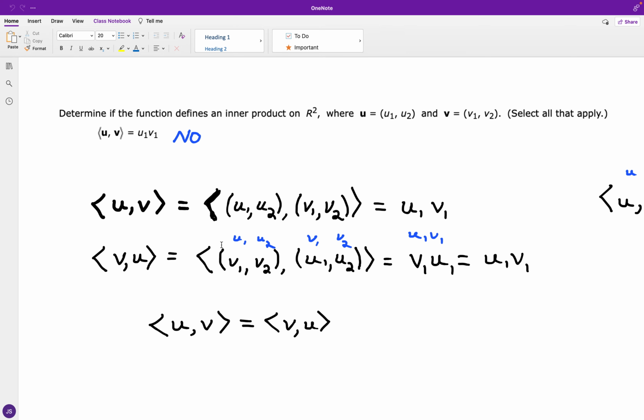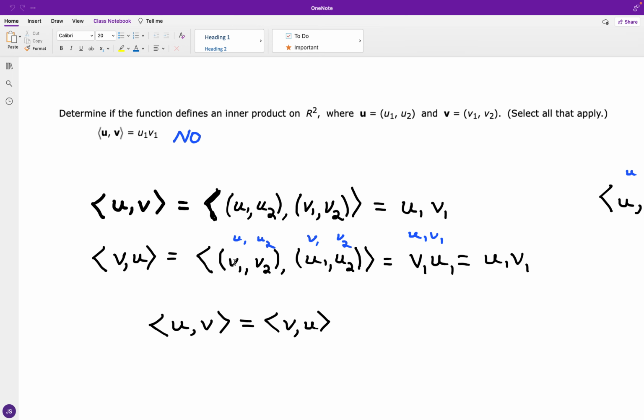The first axiom says the inner products of u paired with v and v paired with u are equal to each other. For u paired with v we have u sub 1 times v sub 1. With v and u, interchanging the order, we have v sub 1, v sub 2 at the front and u sub 1, u sub 2 following, and we operate as before, just swapping places.